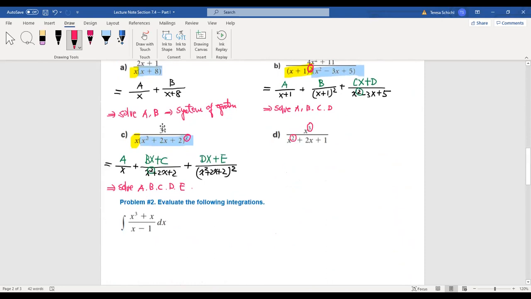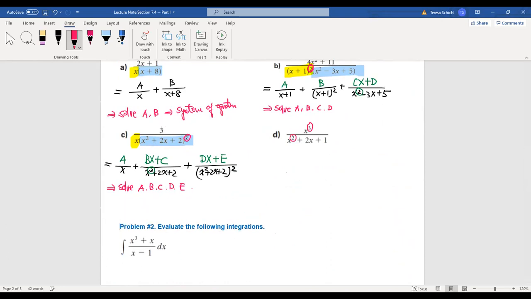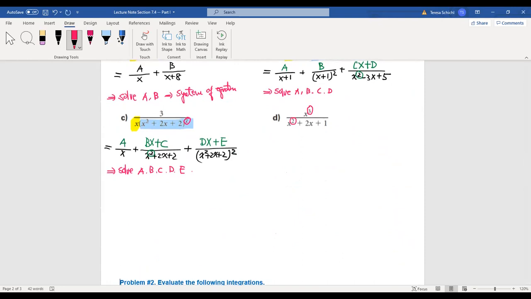We need to use long division. Let's take a look at the long division. We remember how to do long division, right?